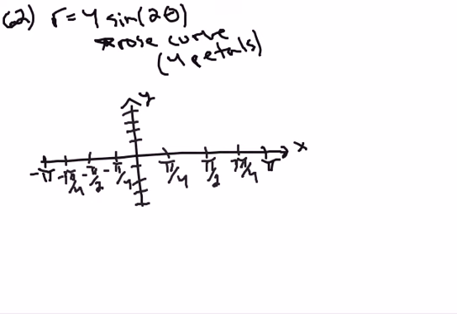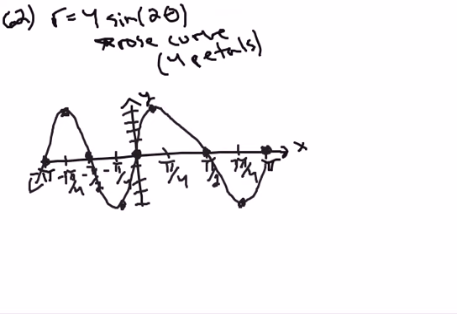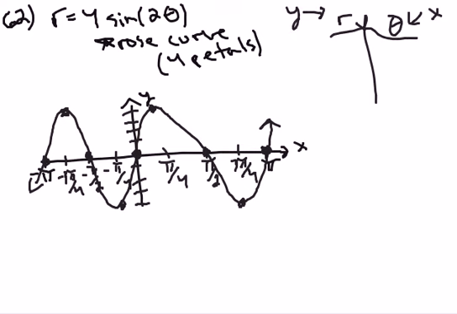And I'm just plugging these points to see where they end up. This one's pretty easy to do. Make my r and theta table, where this is like x, this is like y.